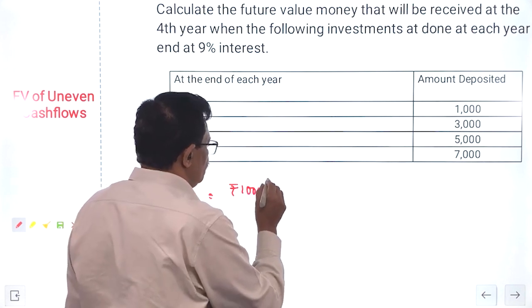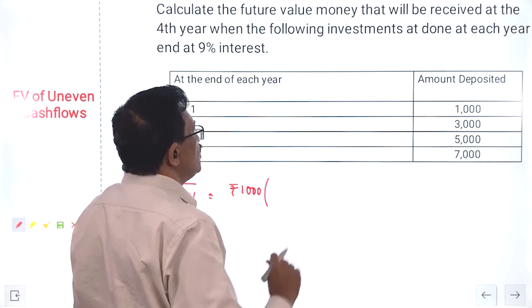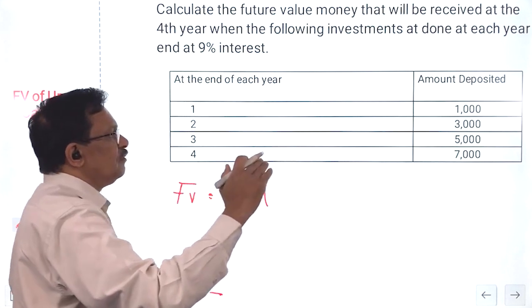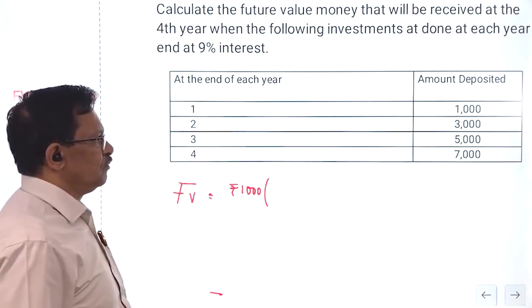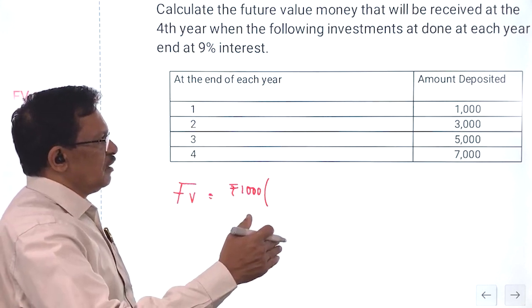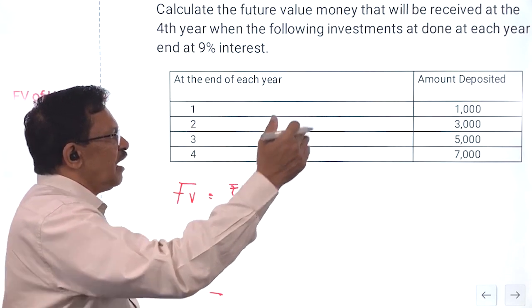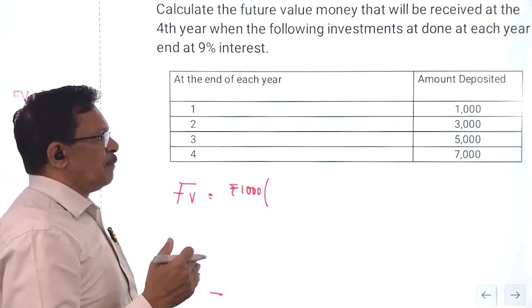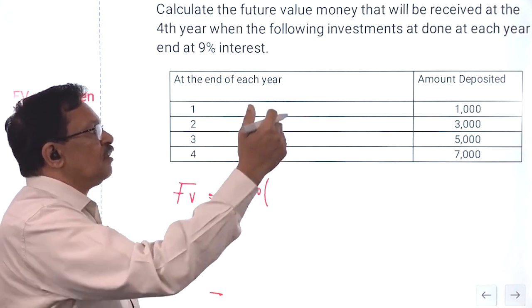This particular amount is going at the end of the first year. So for how long will this 1000 be there in a bank?